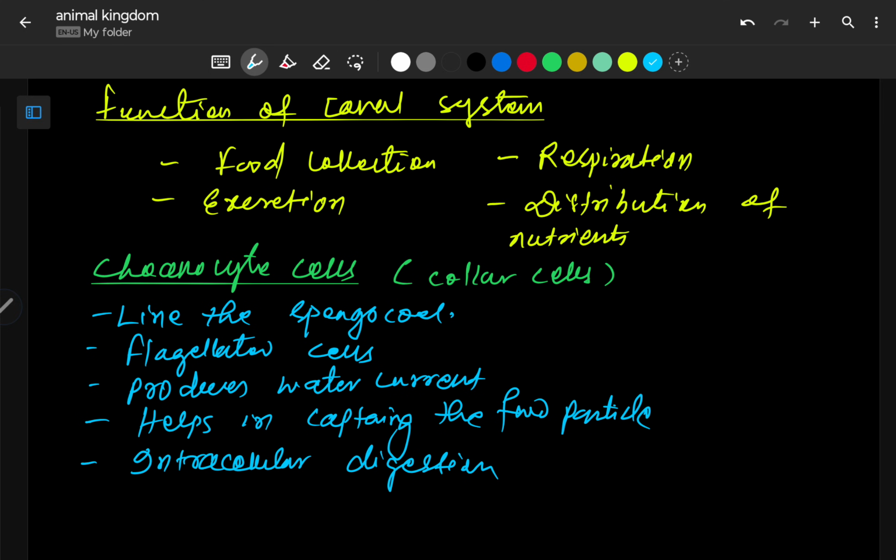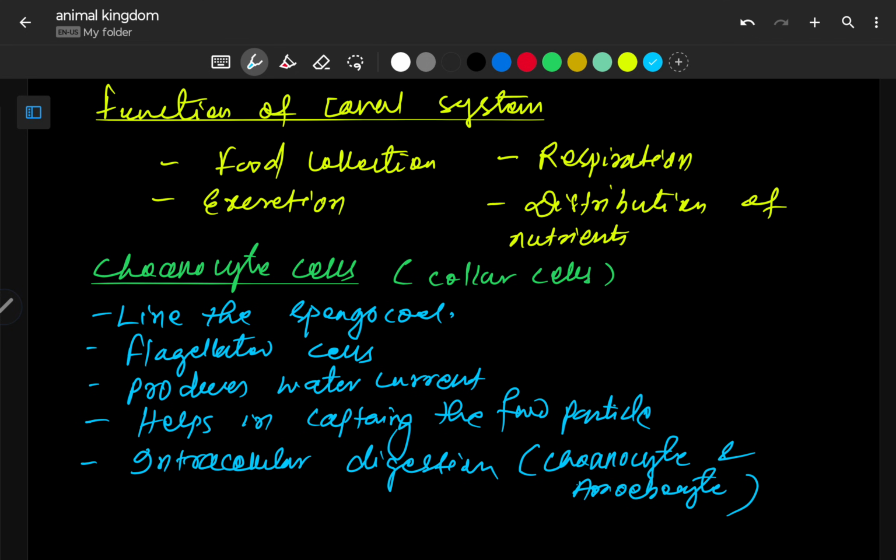Then these food particles enter into the cells that line the spongocoel, and the digestion of the food takes place. When the digestion takes place inside the cell, that is known as intracellular digestion. So here the digestion takes place by the cells, that is choanocyte and amoebocyte.